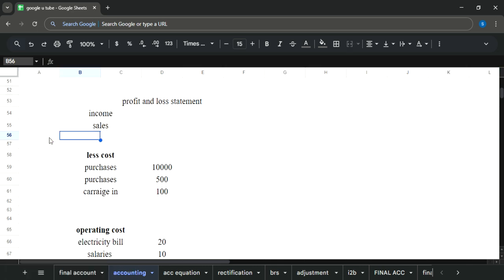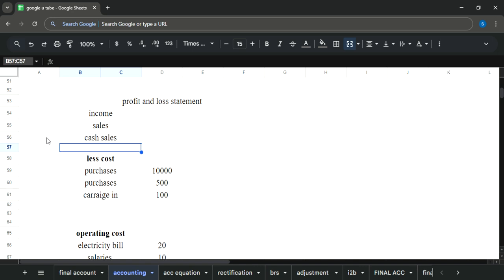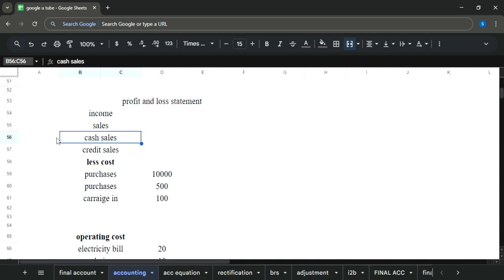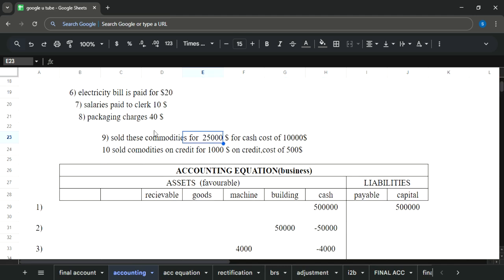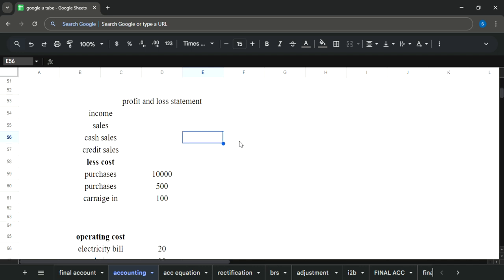So here you can mention your cash sales, and secondly you will see what credit sales are, but both would be considered as your income. In the second column you will see how much cash sales. Look at here, sold commodities 25,000 for cash. You will mention over here.